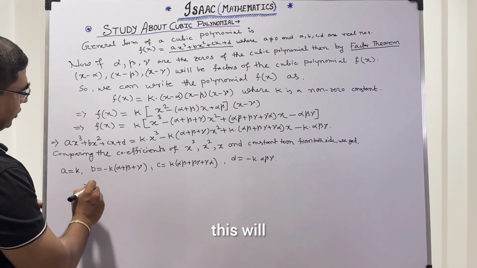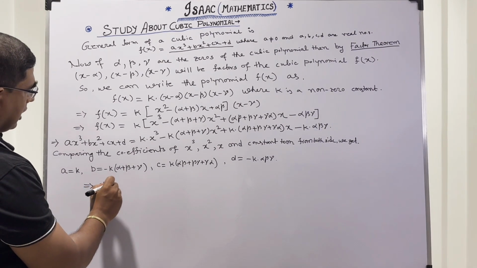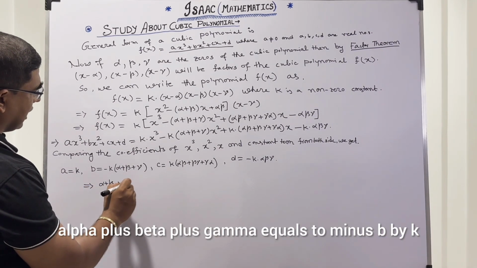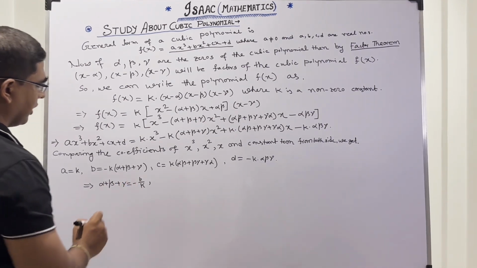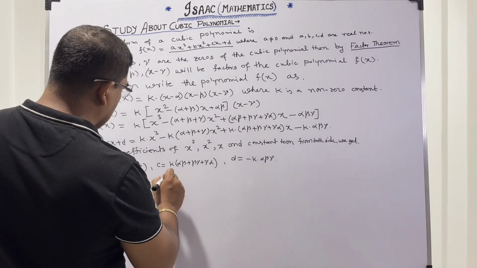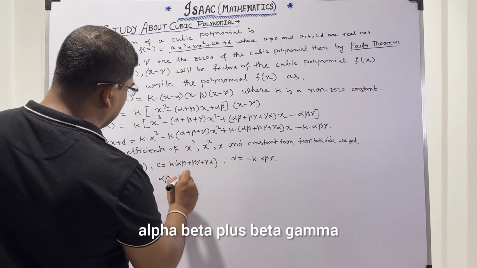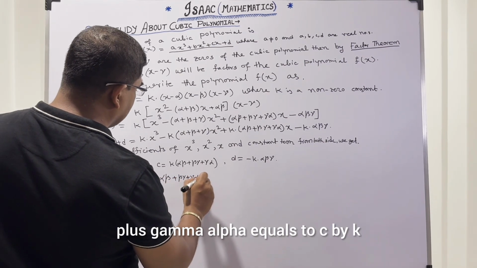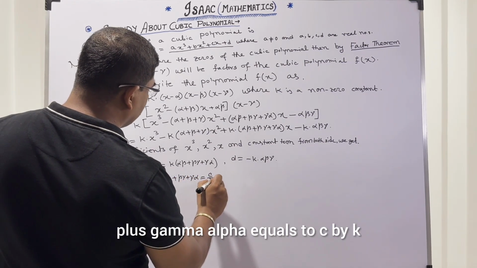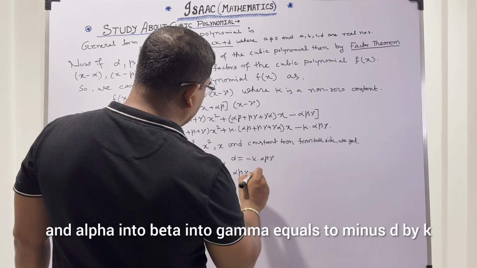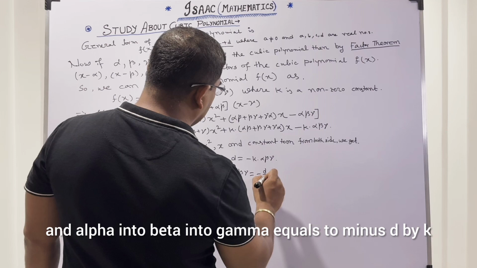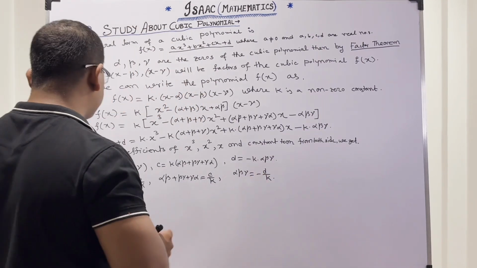So this will give alpha plus beta plus gamma equals to minus b by k, alpha beta plus beta gamma plus gamma alpha equals to c by k, and alpha into beta into gamma equals to minus d by k.